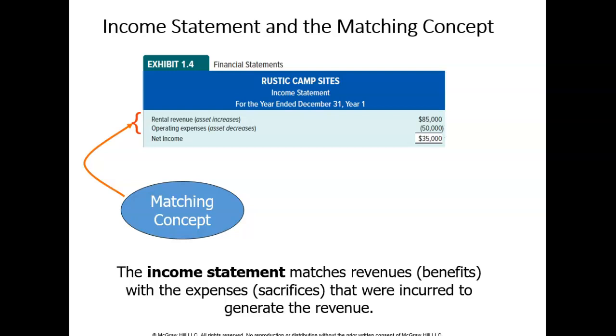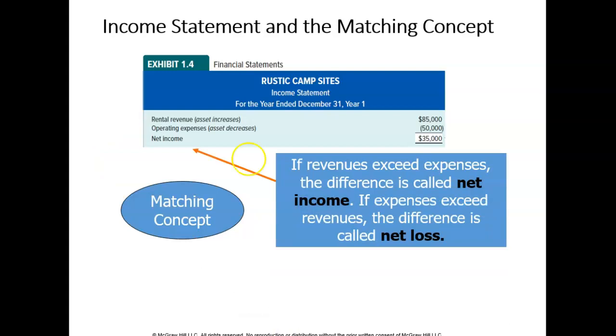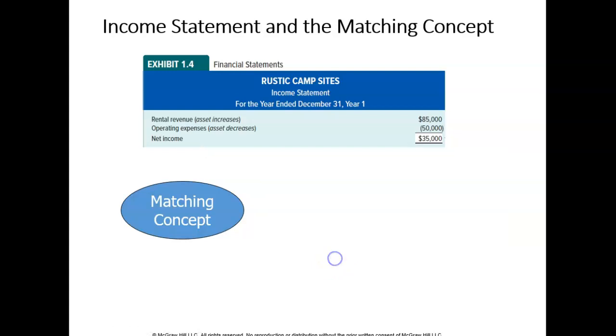So we're matching the revenues, the amount of money earned, against the expenses to determine whether or not they made a profit or a loss. So this company made a profit this year in the amount of $35,000. If revenue exceeds the expenses, we call that difference net income. However, if the expenses were more than revenue, that difference is known as a net loss.